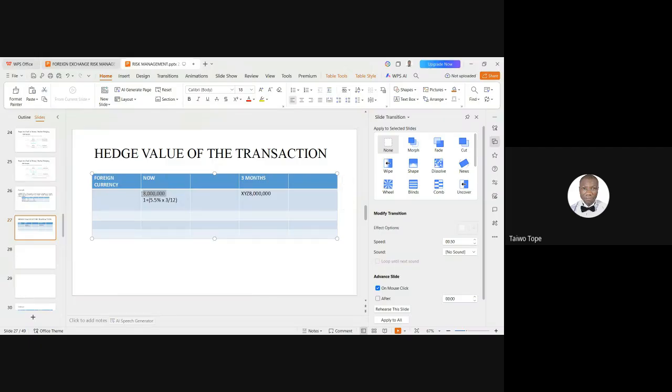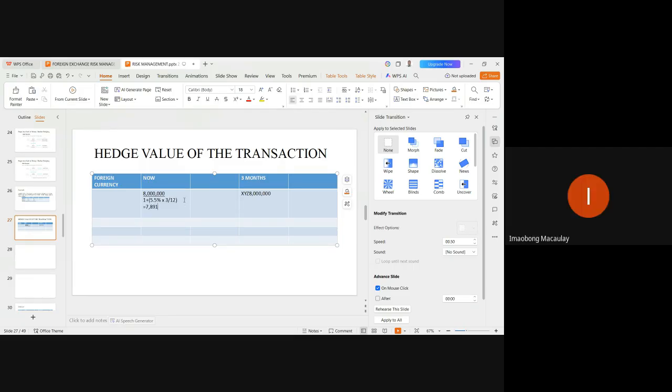So when you do this and divide into 8 million, what will be the result? 7,891,492.